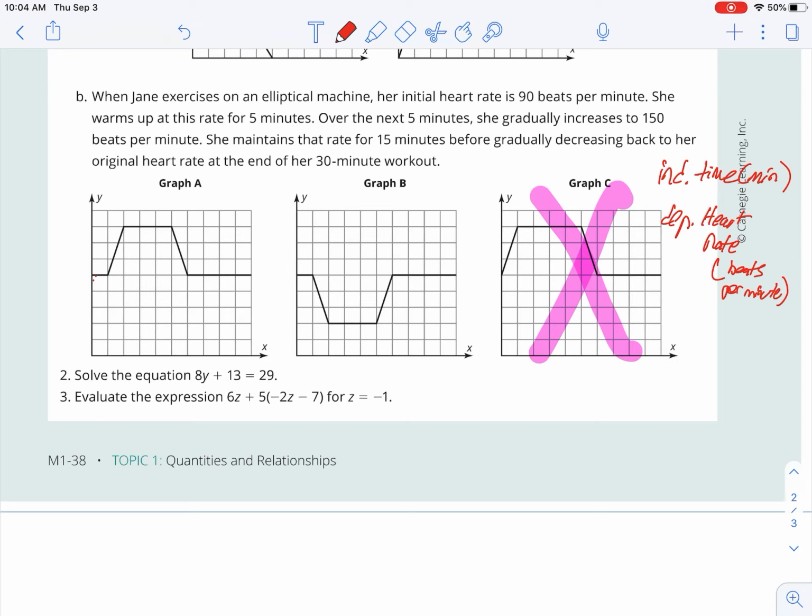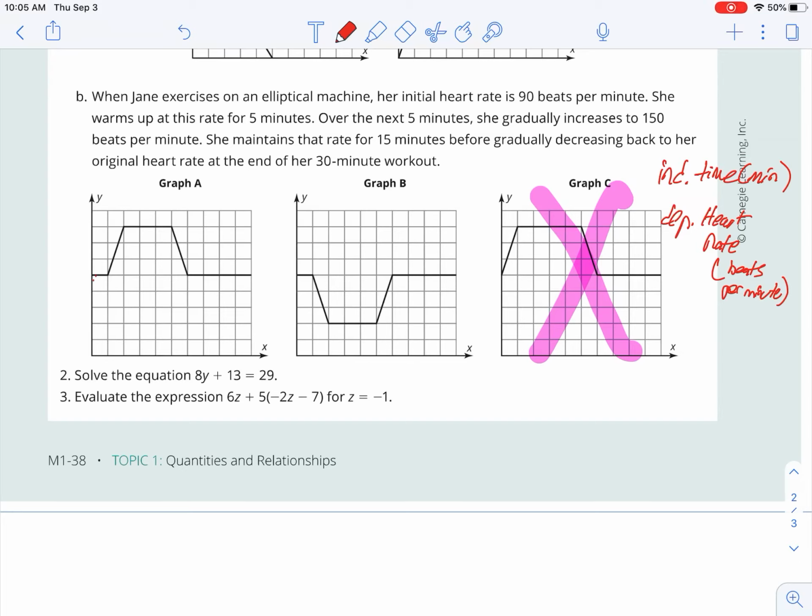Then after that, it says she gradually increases to 150 beats per minute. So that's an increase. So as soon as I warm up and I really start to increase, it should be shooting up. And then she maintains that rate for 15 minutes. Maintains that rate means it should be constant.